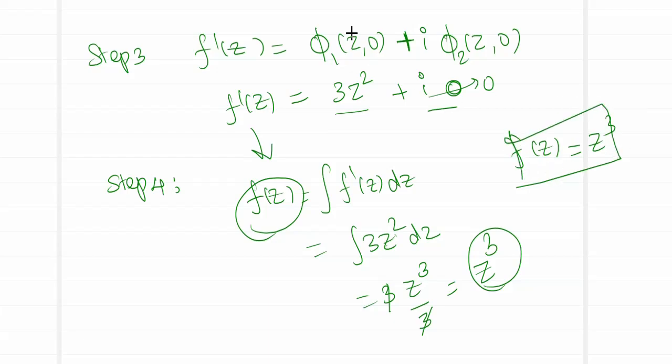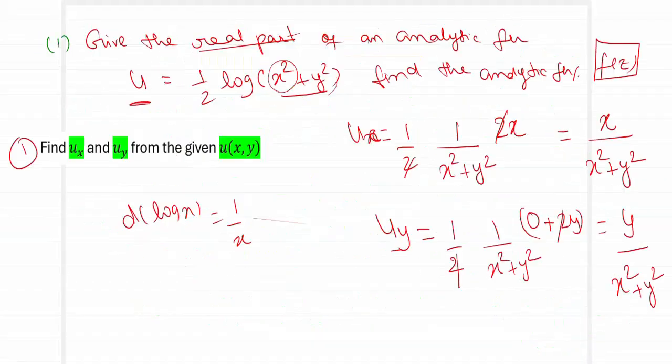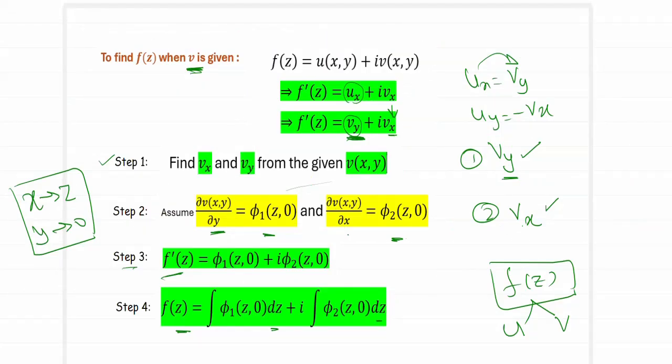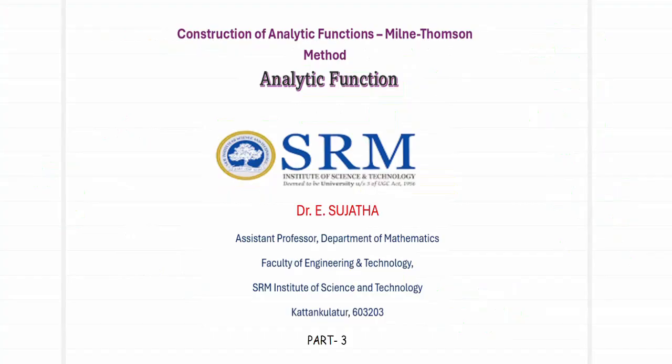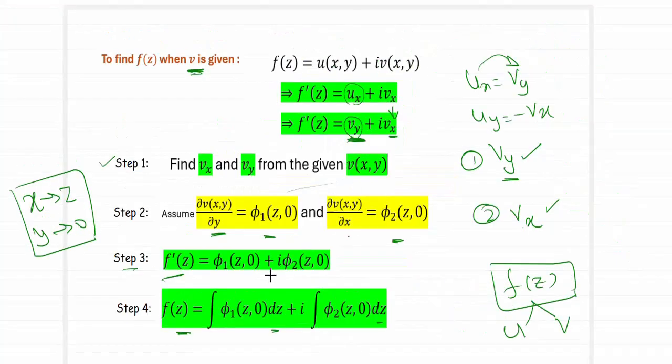Hence, using a real part, we have constructed an analytic function, and in a similar fashion, using the imaginary part, we have constructed an analytic function. And what is the method which we have applied? We have applied the Milne Thomson method. Just keep in mind the 4 steps required for your computation. The u will carry a negative sign over here. The v will carry a positive sign over here.